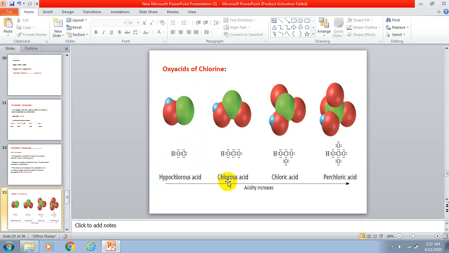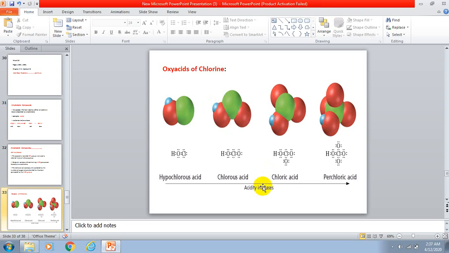Remember. Chlorous acid, in which two oxygen atoms are involved. For example, suppose this is hydrogen, this is chlorine. Now these two are what?